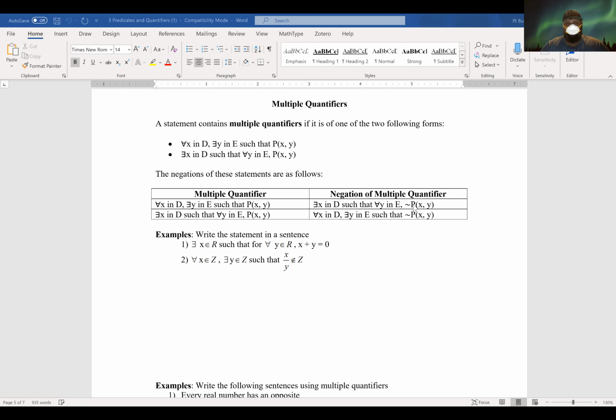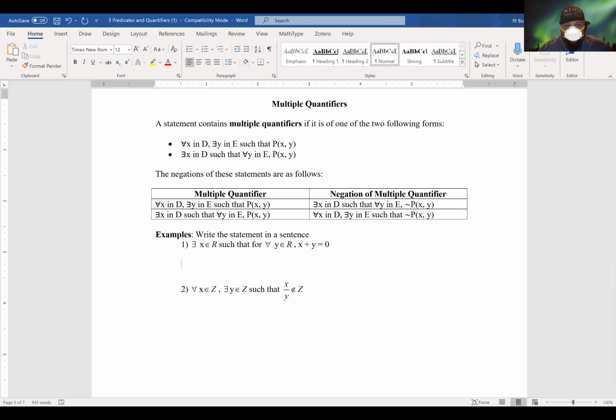And that works regardless of what you start with. So at least this is pretty intuitive in terms of how to do it. So let's go ahead and write a few of these.